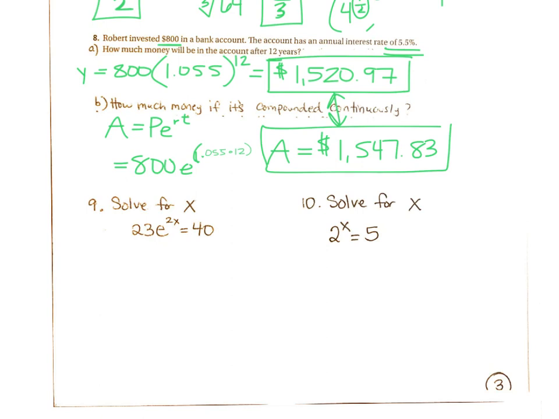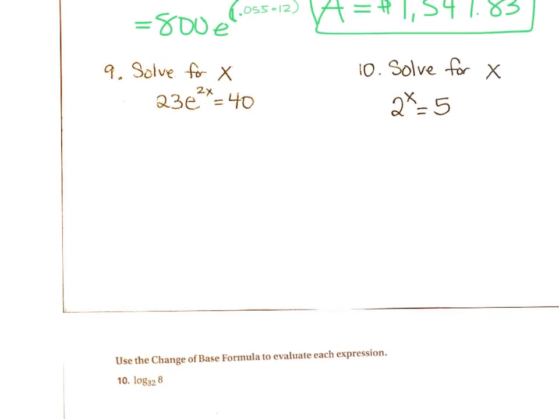So, all right. Number 9, solve for x. We are going to try to get our x by itself, but the first thing we need to do to get there is divide by 23. Okay, so e to the 2x power equals 1.7391. Now remember when that exponent is there, the way that we get this is we take the natural log of both sides.